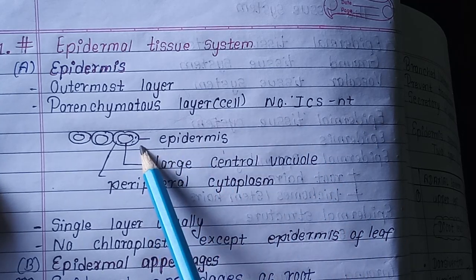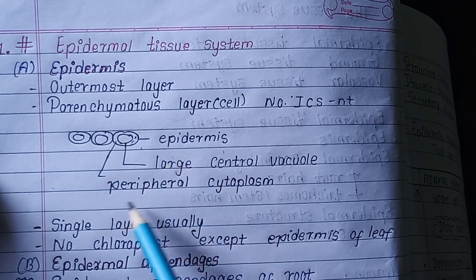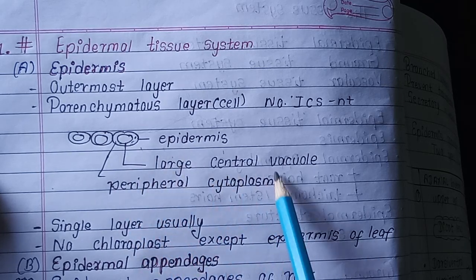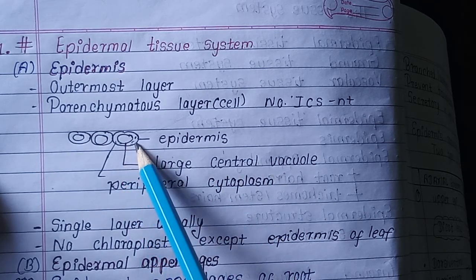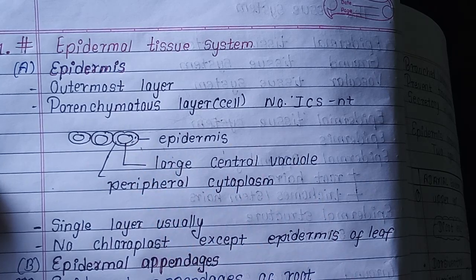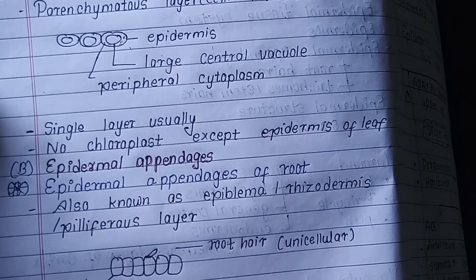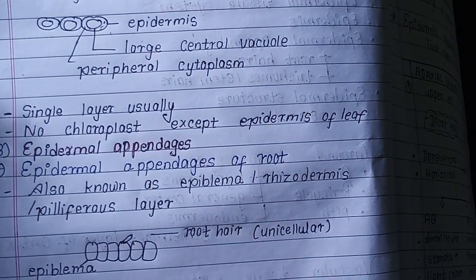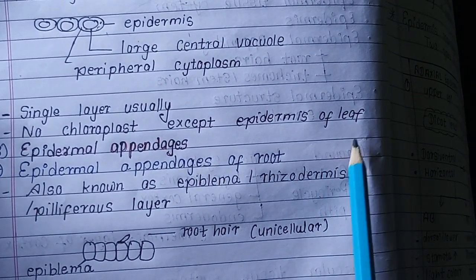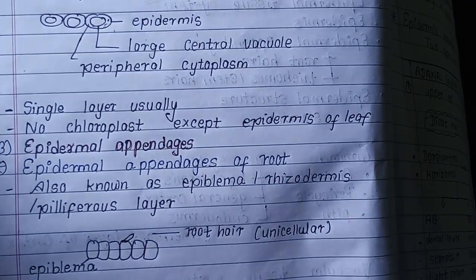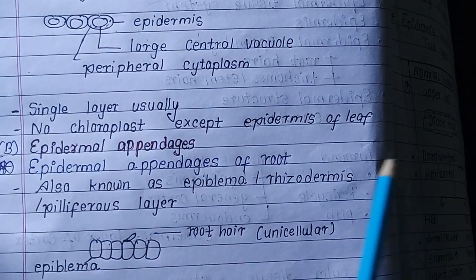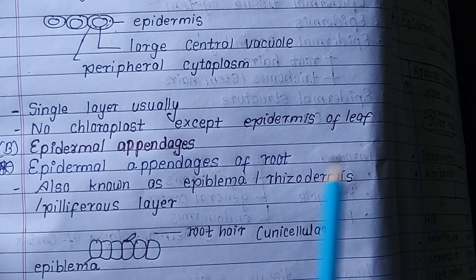There is a large central vacuole in epidermis, and peripheral cytoplasm. It is a single layer. There is no chloroplast except in the epidermis of leaf.